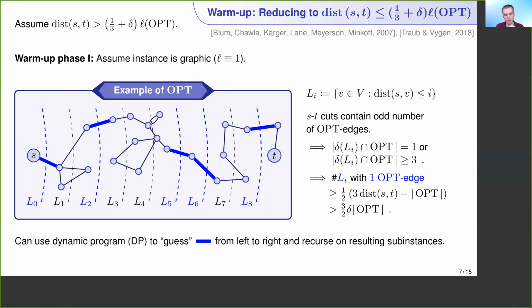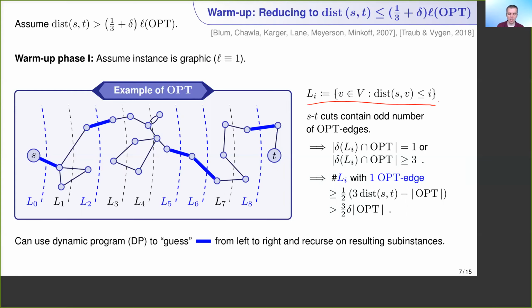So let's look at this, first to simplify things, let's just assume we're in the graphic case, so all the lengths are equal to 1. Here in the box is a potential optimal solution to a graph TSP problem. What we do is we first define a chain of S-T cuts, L0 to L8 in the example, where Li are simply all the vertices whose distance from S is no more than i.